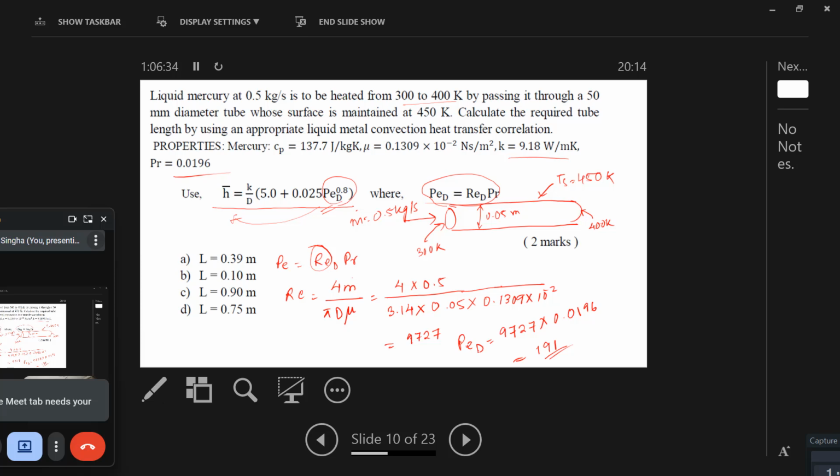So what was the question asked? The question was to find out the required tube length by using an appropriate energy balance. Okay, so we need to find out the tube length.